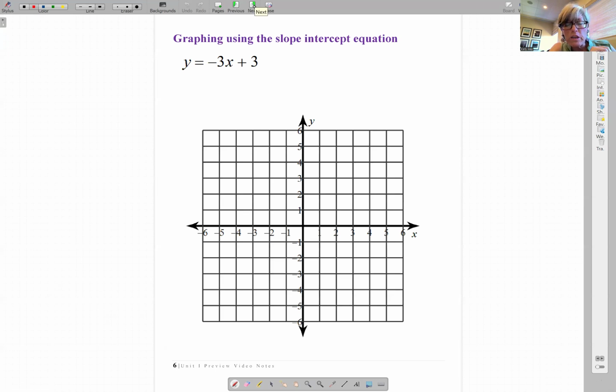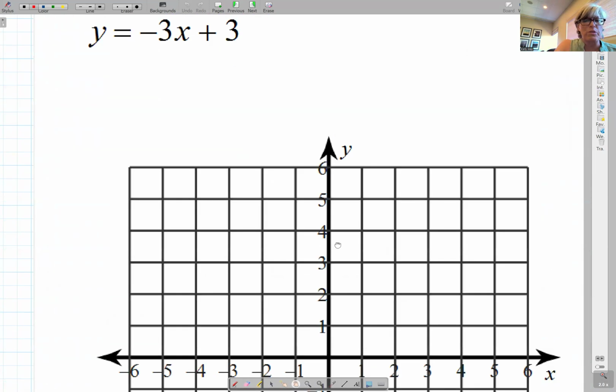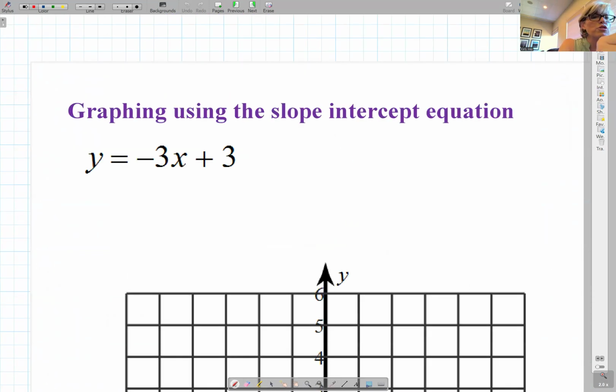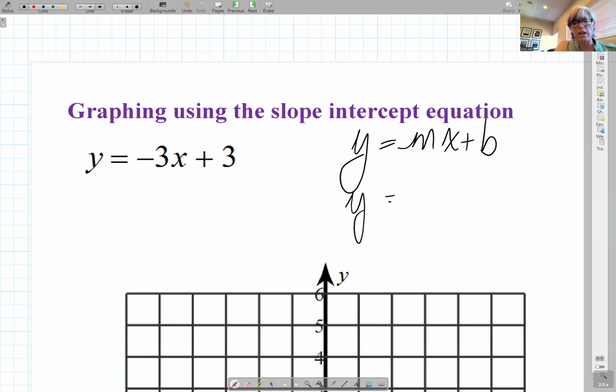Now, graphing using slope-intercept form. This is the form you're probably familiar with. First, you want to make sure you are in this form, y equals mx plus b, also known as y equals something x plus or minus something.